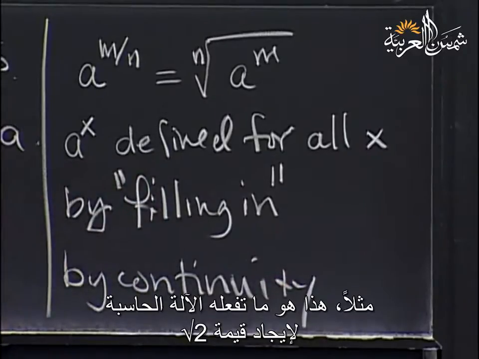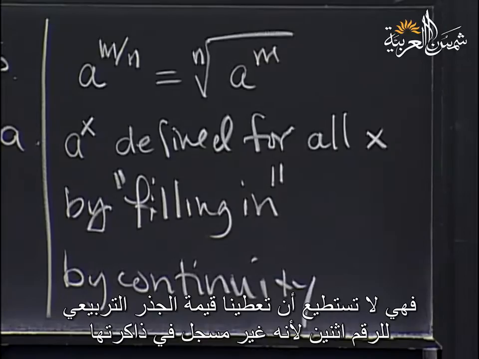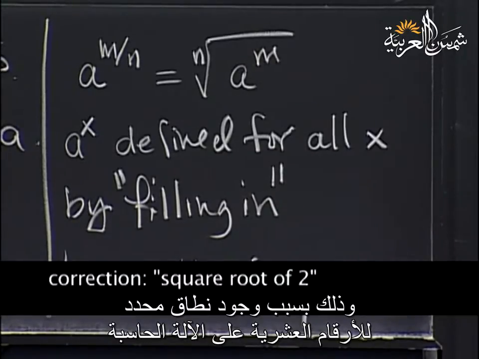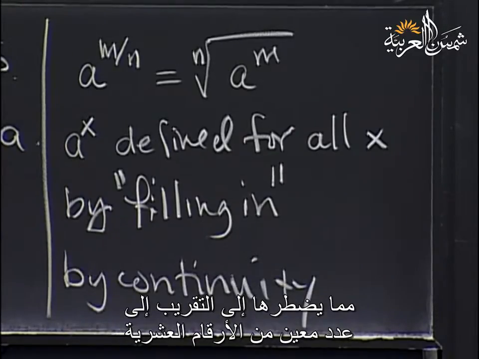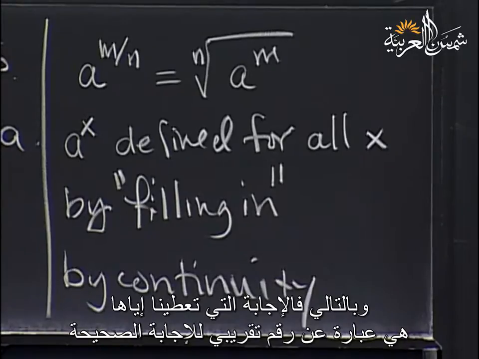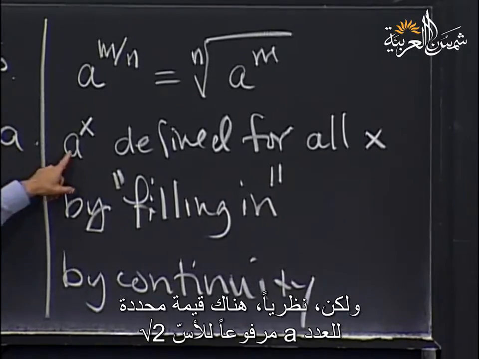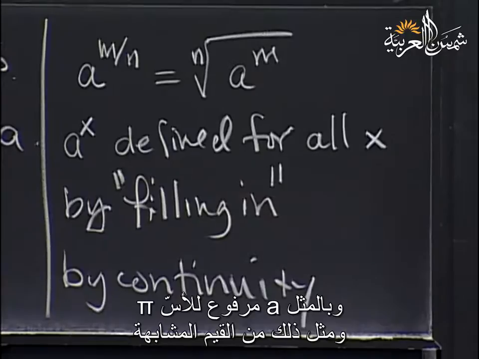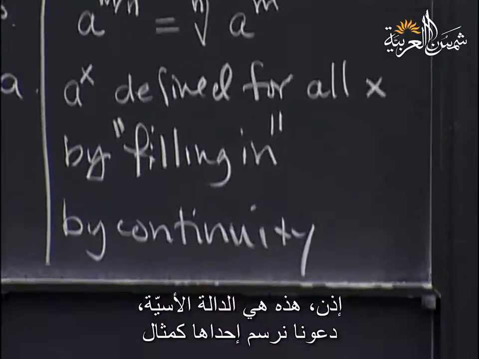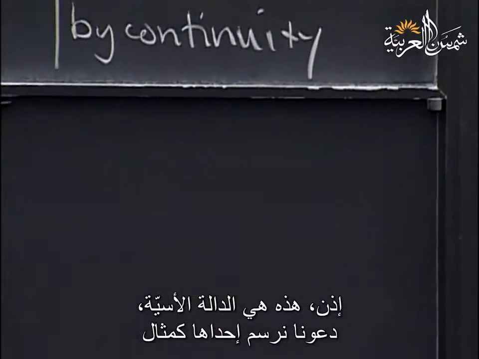This is really what your calculator does when it gives you a to the power x, because you can't even punch in the square root of x. It doesn't really exist on your calculator. There's some decimal expansion. So it takes a decimal expansion to a certain length and spits out a number which is pretty close to the correct answer. But indeed, in theory, there's an a to the power square root of 2, even though the square root of 2 is irrational, and a to the pi, and so forth. All right, so that's the exponential function.